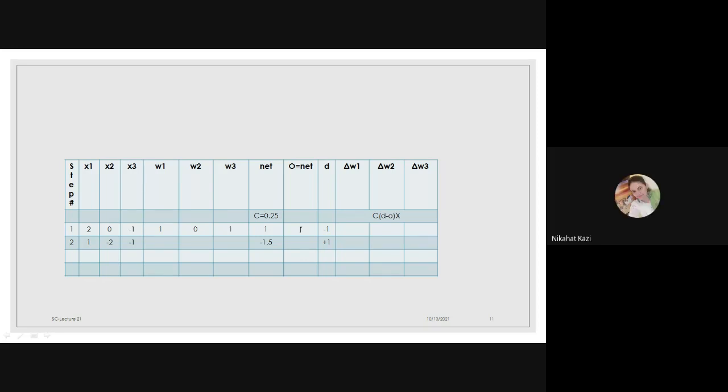Yes, sir. Yes, Rajat. Can you answer this question? Delta W1 is -1, delta W2 is 0 and delta W3 is 0.5.